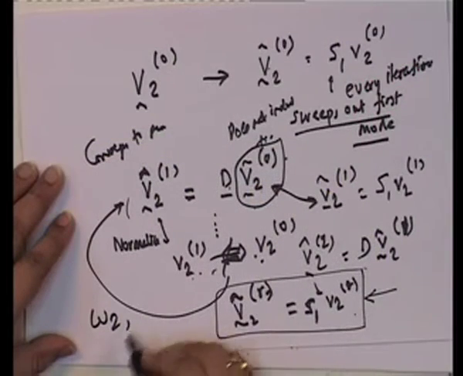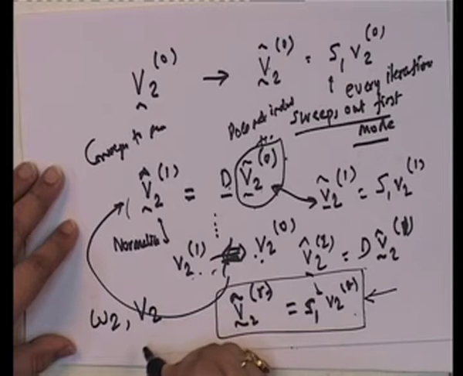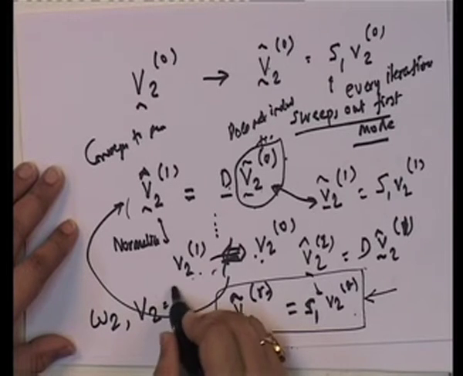If you don't sweep it out, you are always going to converge to the first mode. If you sweep out the first mode, every displacement quantity that you get does not contain the first mode, and it will converge to the second mode. So this way you can find omega 2 and your V2, which is effectively phi2.